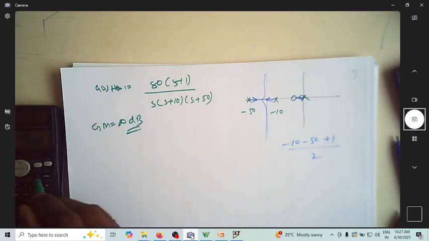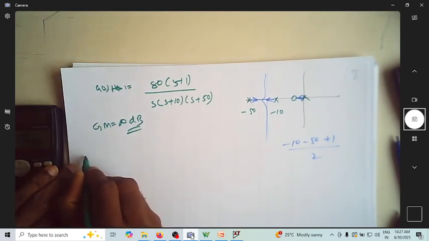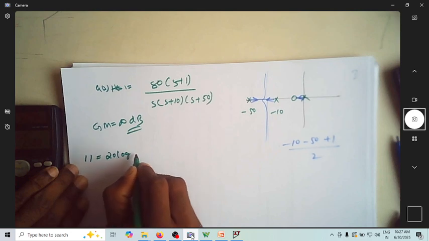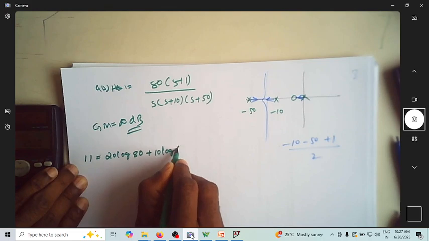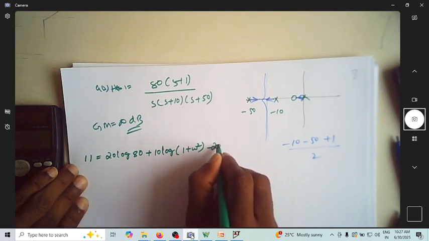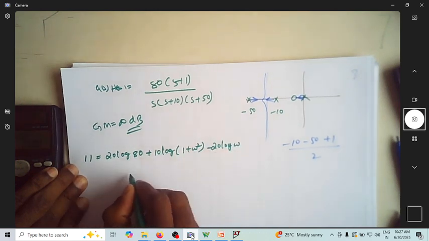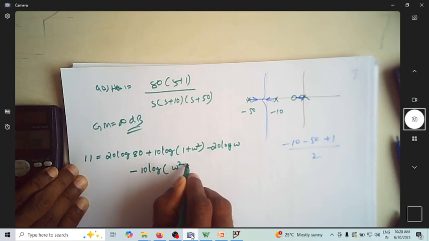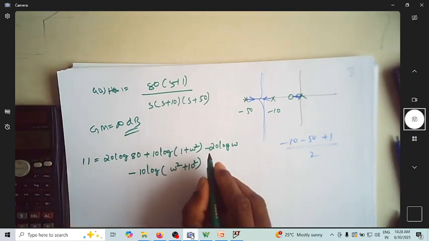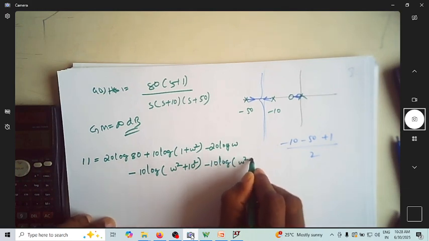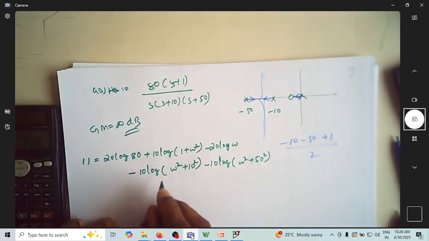Let us try to find the magnitude. So what is the magnitude equation? It is 20 log of 80 plus 10 log of 1 plus omega square, minus 20 log of omega, minus 10 log of omega square plus 10 square, minus 10 log of omega square plus 50 square.